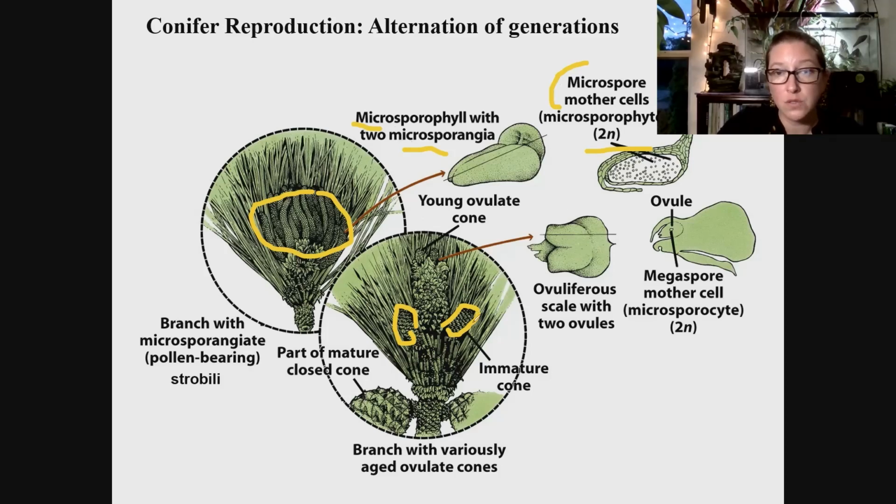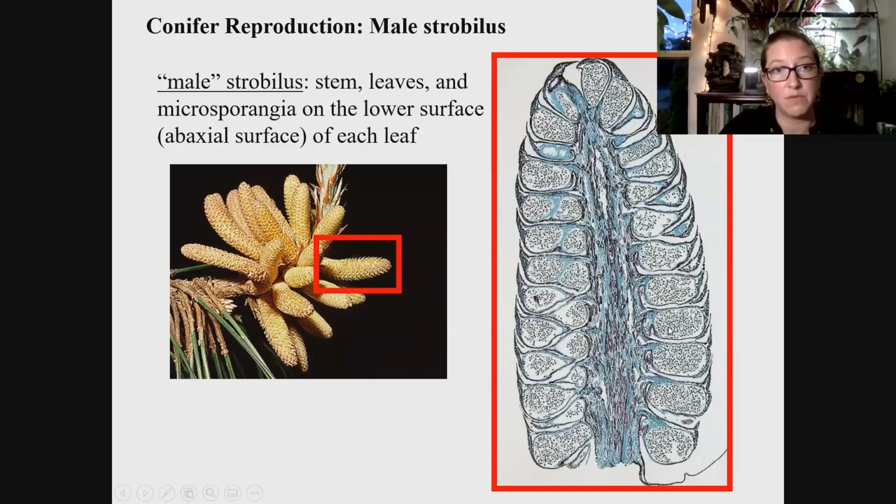On the cones, you have ovules, and in each ovule, you have a megaspore mother cell, which is 2N. And the megaspore mother cell is going to be what undergoes meiosis to make the megaspore, which will grow into the female gametophyte.